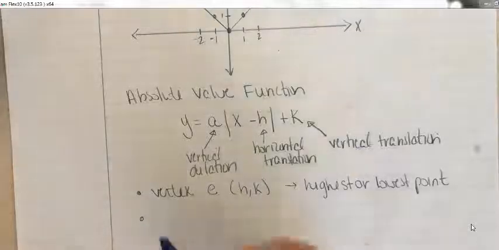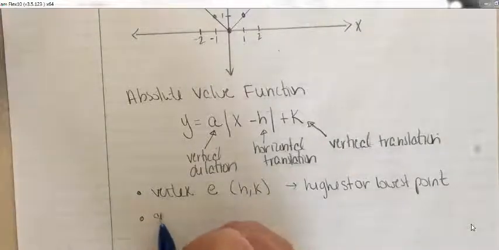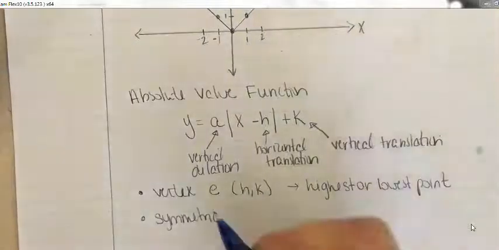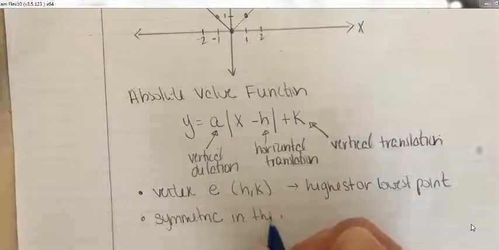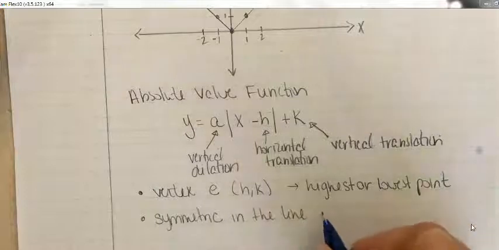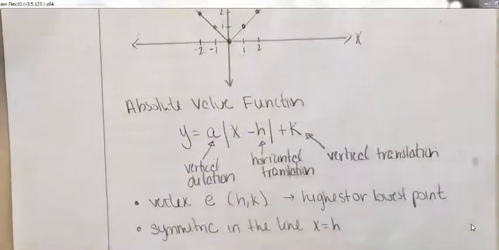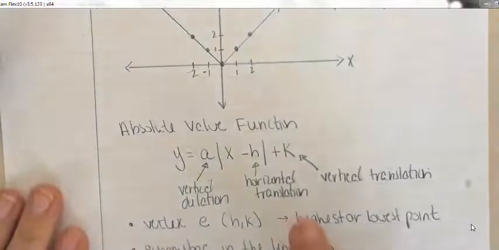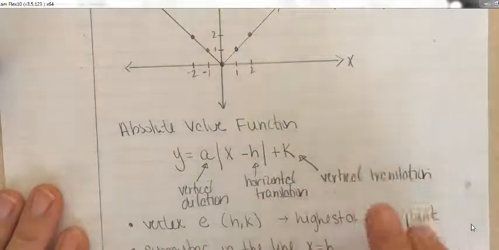The absolute value function will always be symmetric. Think of it like a line of reflection, in the line x equals h. Okay, let's see. I'm going to use a highlighter for this. So the line x equals h, that's how much horizontal translation we've done.